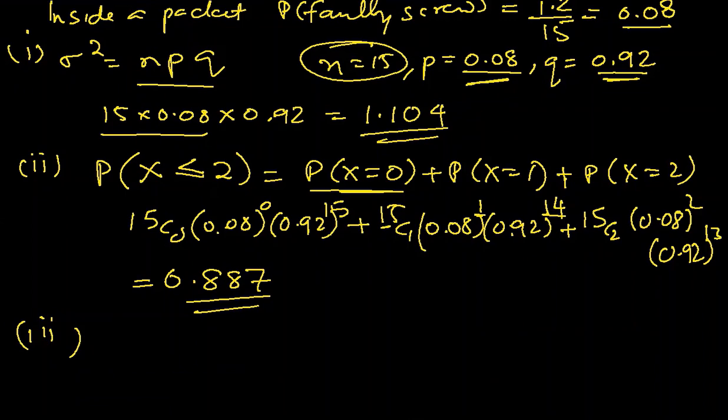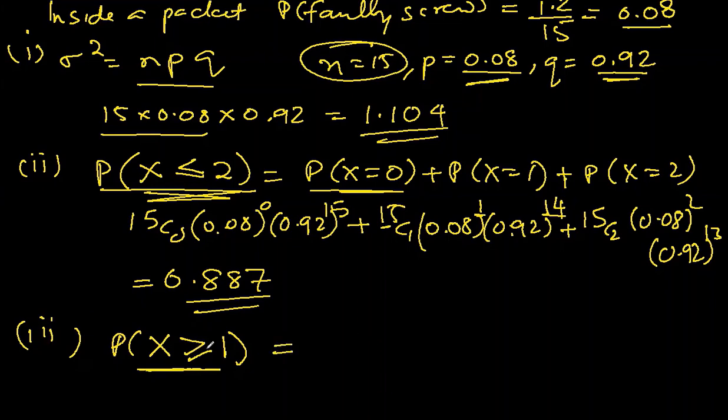So let's do that. Probability that x is at least 1, that is greater than or equal to 1, out of 15. We have not gone into number of packets yet. It is inside a packet, because the first part has nothing to do with this. It had at most 2. Now we are having at least 1. So we can write it a shortcut way, which will be 1 minus probability of x equal to 0.